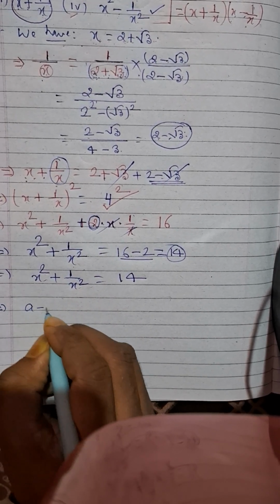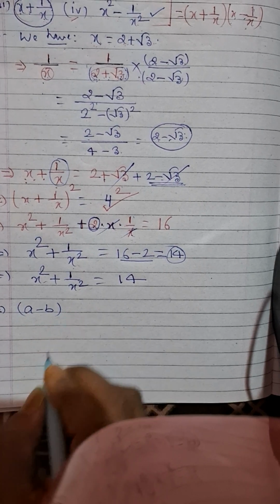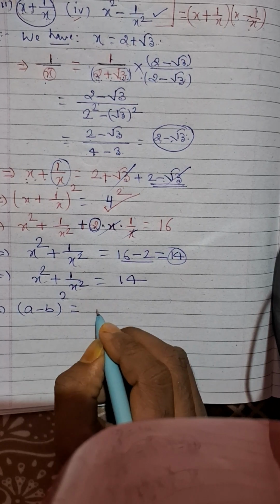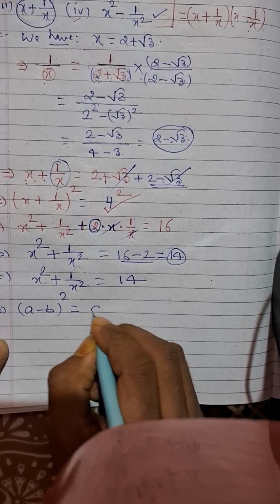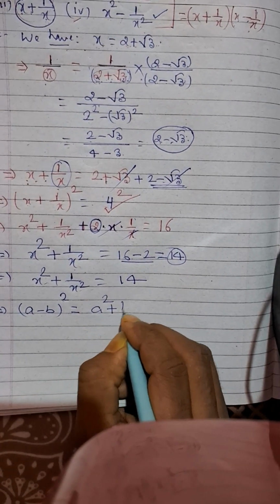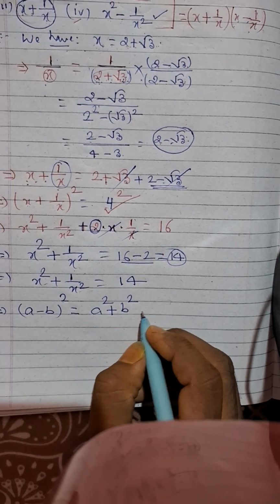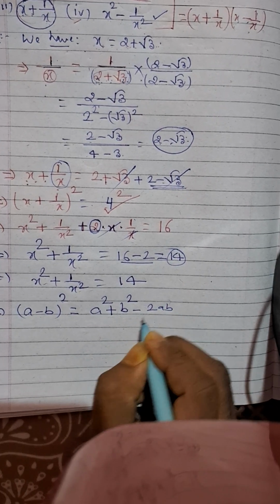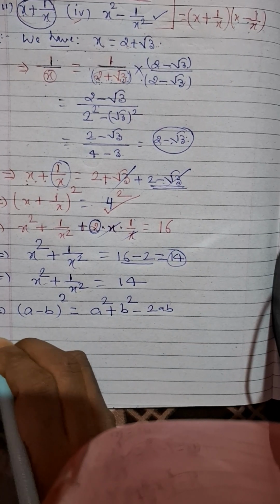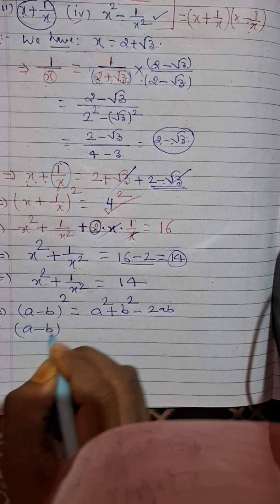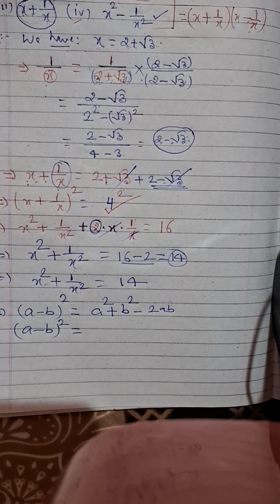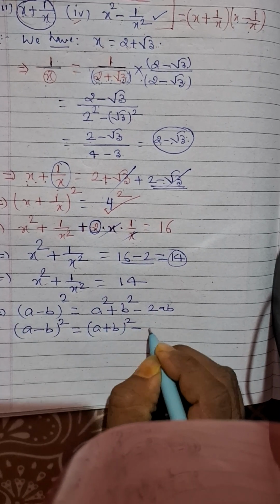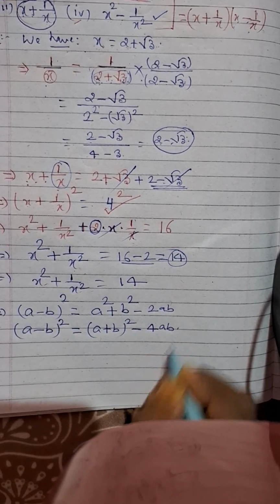We know that a minus b the whole square is a square plus b square minus 2ab, or a minus b the whole square is equal to a plus b the whole square minus 4ab.